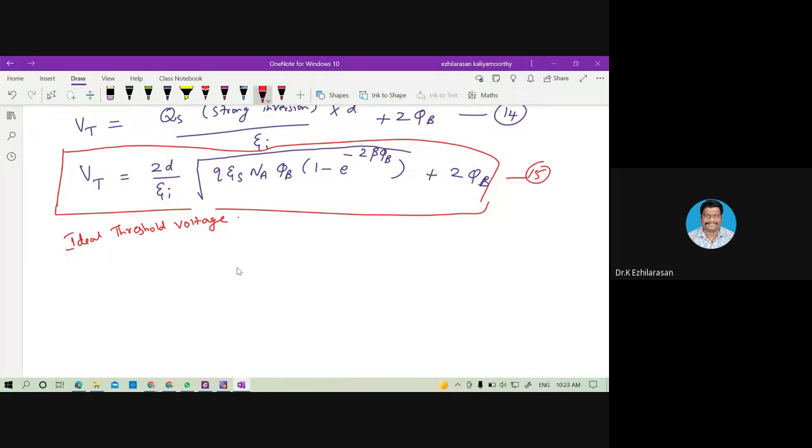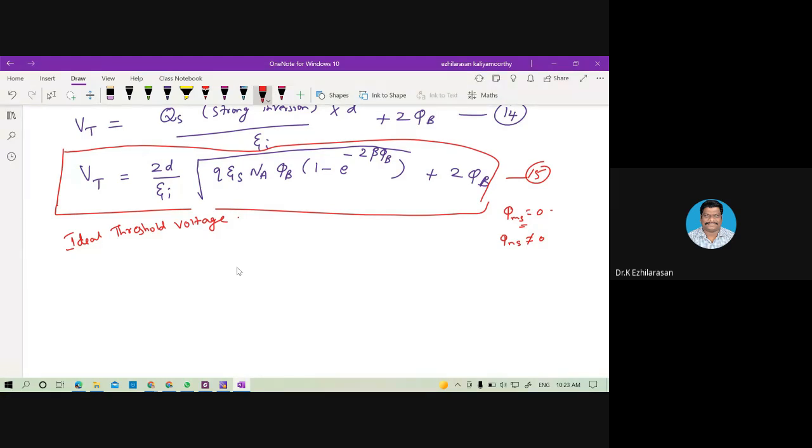As I mentioned earlier, the work function difference phi ms will be zero. I hope you remember from the beginning class that phi ms is equal to zero. But practically, phi ms will not be zero because there will be some charges present in the insulator or at the insulator-semiconductor boundary.